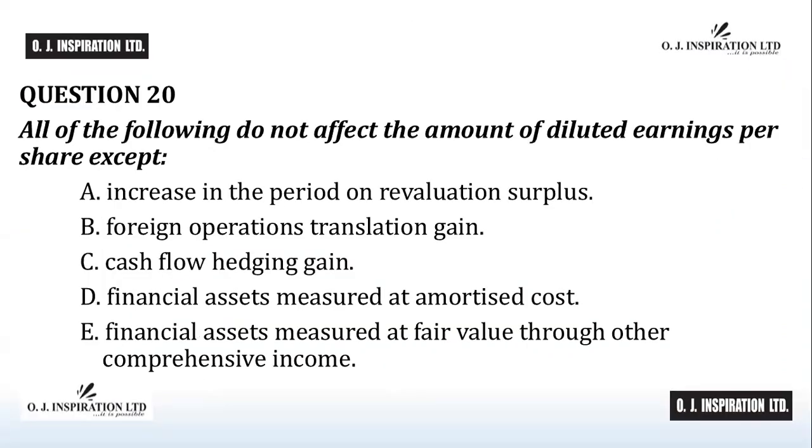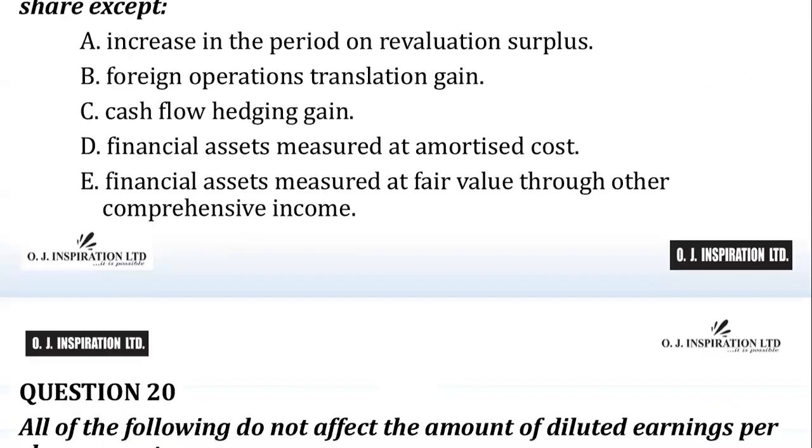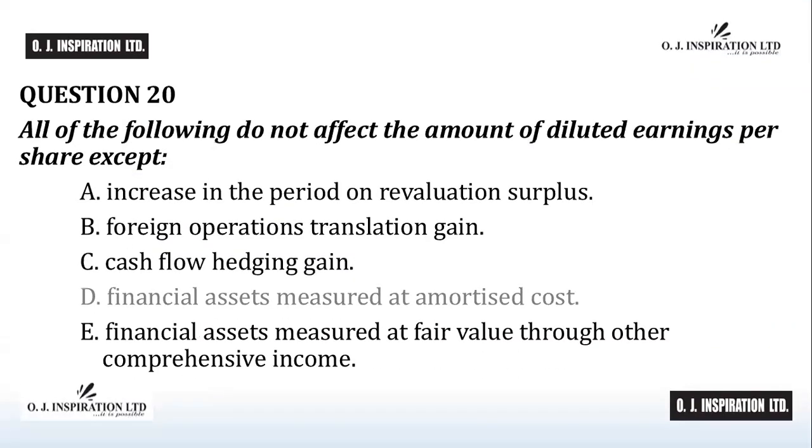Question number 20. The answer to question number 20 is D. Financial assets measured at amortized cost. The profit or loss line items on which the calculation of both basic and diluted earnings per share are based are those determined as profit or loss from continuing operations and profit or loss from discontinued operations after applicable adjustments are made on these line items for the anti-dilutive or dilutive effects.